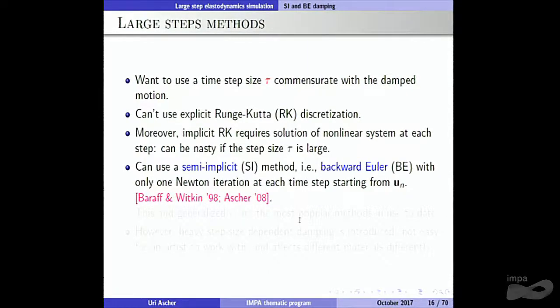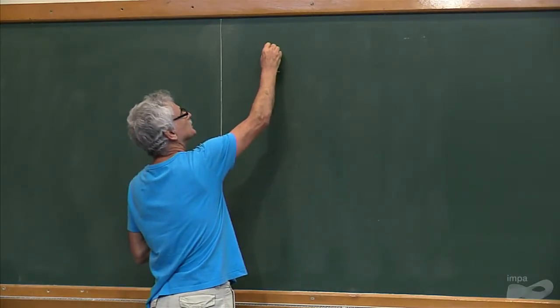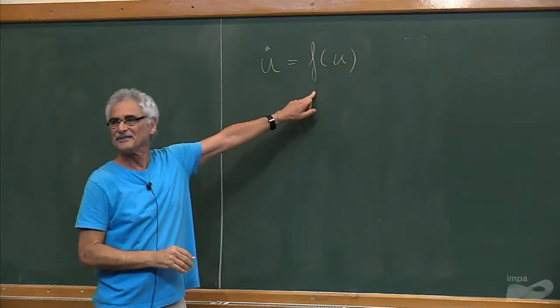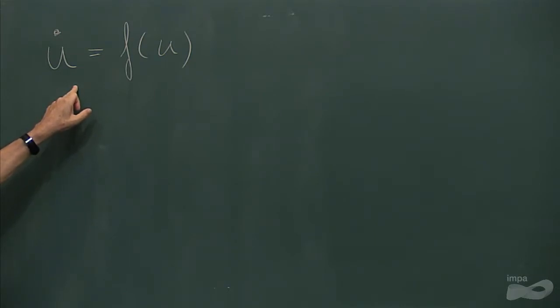So we use backward Euler, which is a method that anybody knows what is backward Euler? Anybody does not know what is backward Euler? Let me write it down. Let's say that I have u' = f(u), and u is my q's and v's together.